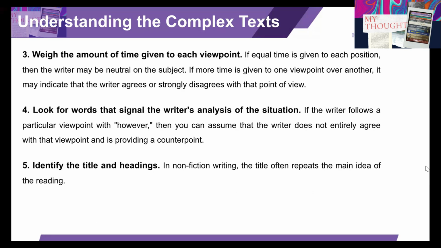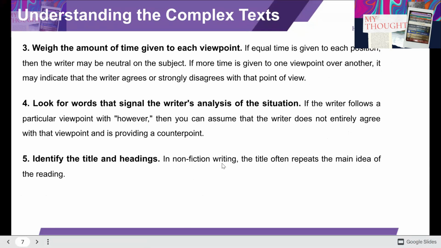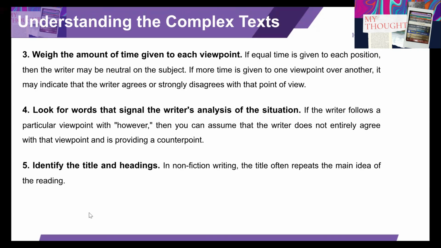Reading that point: look for the word that signals the writer's analysis of the situation. If the writer follows a particular viewpoint with "however," then you can assume the writer does not entirely agree and has a different point of view on that situation. Yeah, this is point 4.